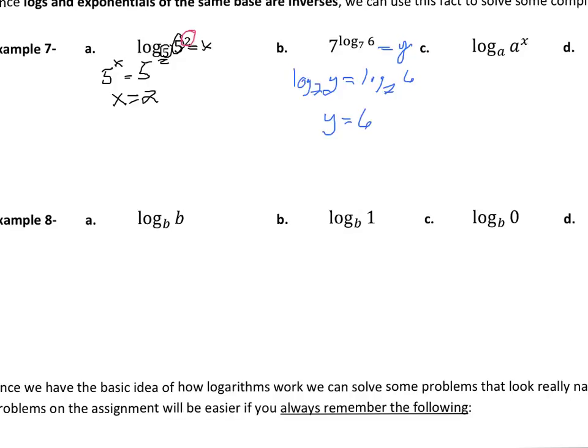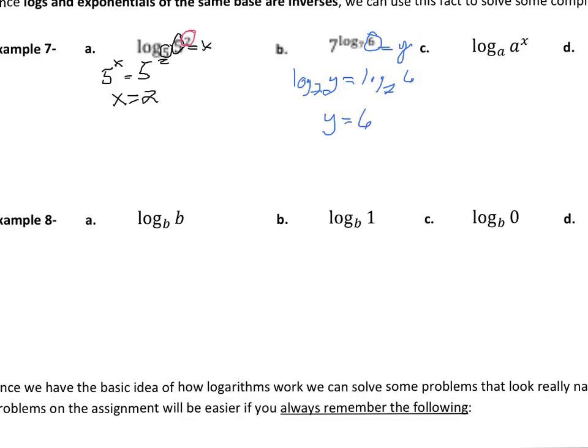So if I have a base raised to a logarithmic exponent, and both bases are the same, so the exponential is base 7 and the log is base 7, it's simply equal to the number right there. How'd you write the left side of the equal sign up there? Log base 7 of y? Yeah, because that's in exponential form, correct? So I have this base and this exponent, and I just said equal to y.